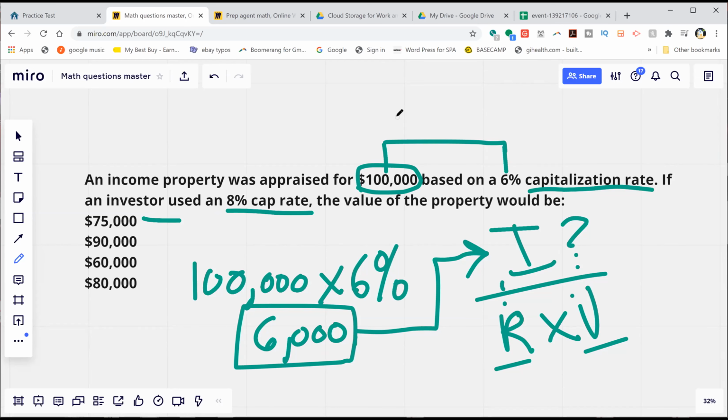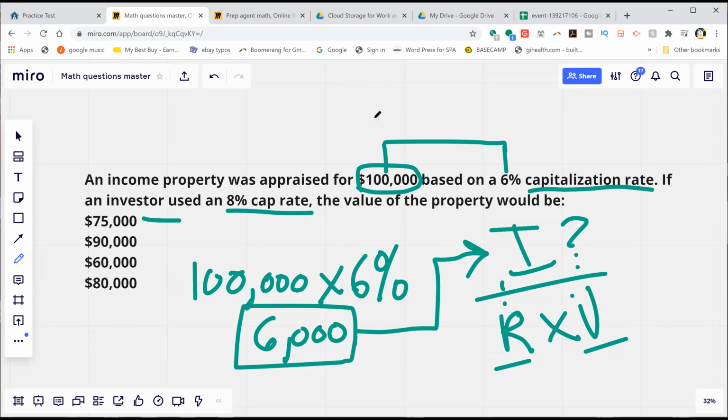They'll say, okay, if I'm capitalizing this property at 6%, the value is 100,000. But what would the value be if the cap rate was raised? Based on the income, because everything's staying the same other than the cap rate. In order for you to do this problem, everything else has to stay the same. Otherwise, you need more information to solve it.